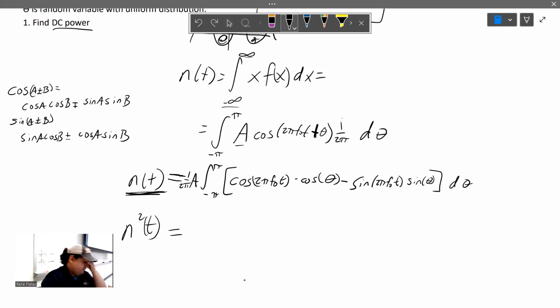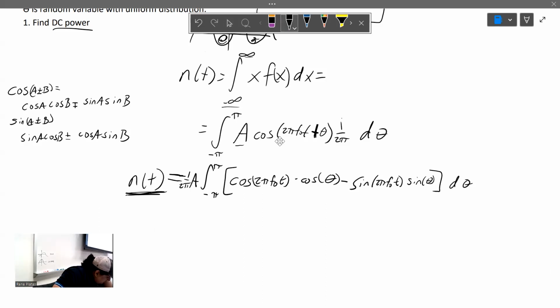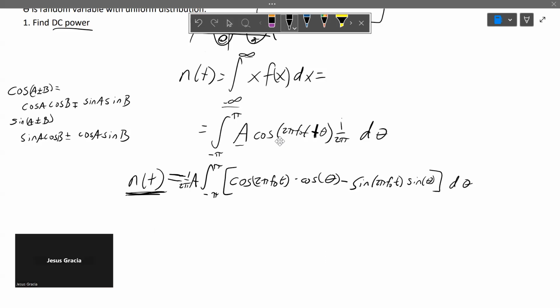Because we integrate d theta, the cosine theta would change to sine theta, and sine theta would change to negative cosine theta, which would leave us with cosine 2 pi f0 t sine theta plus sine 2 pi f0 t cosine theta, as it's after it's integrated. Do you want to integrate by parts? No, damn.